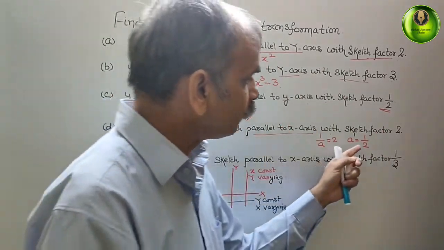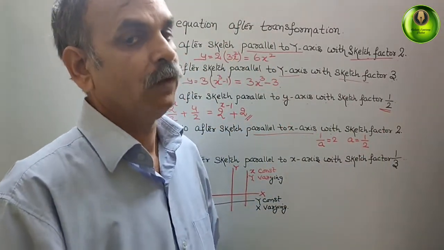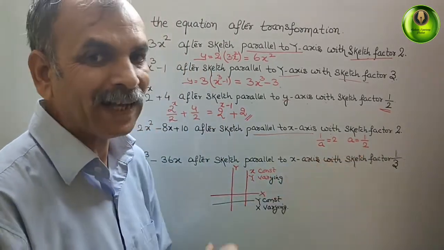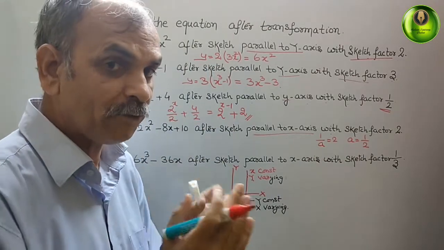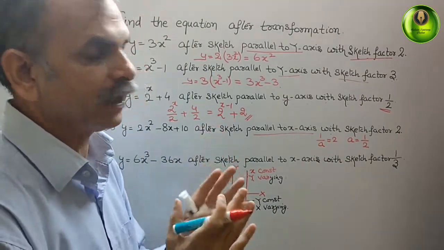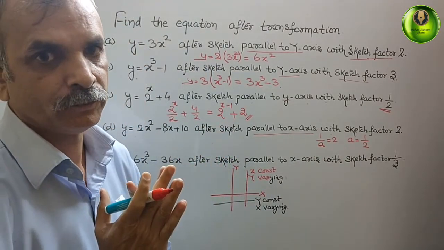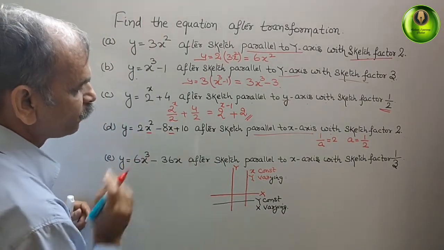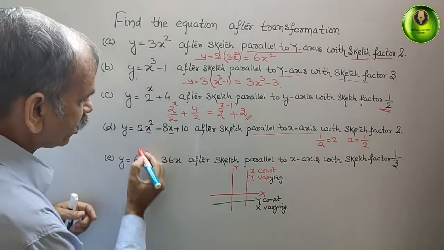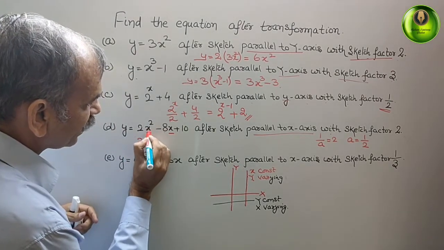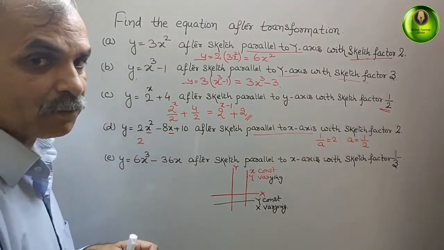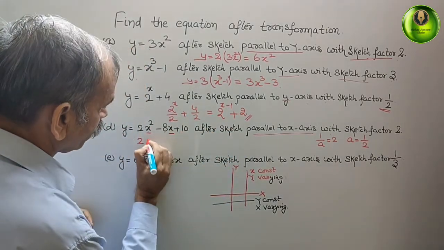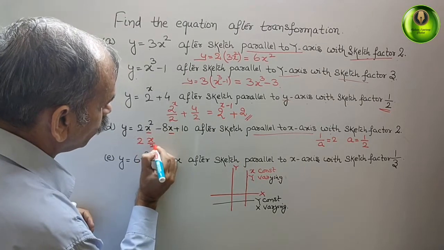So now how will we write this? What we have to do, only you have to divide by 2 wherever x is there. So you can see x is here and x is here. Here it is x square. That means what? X by 2 whole square.